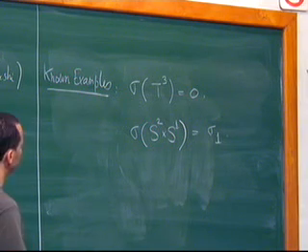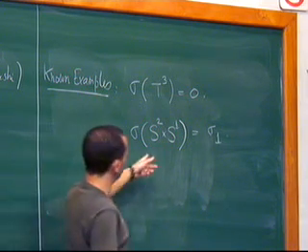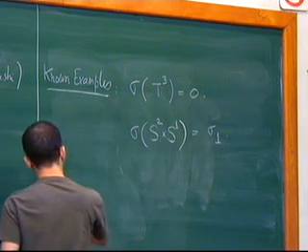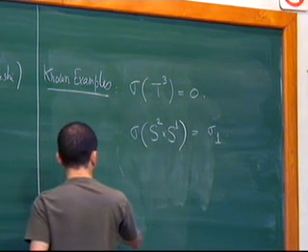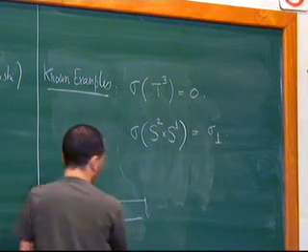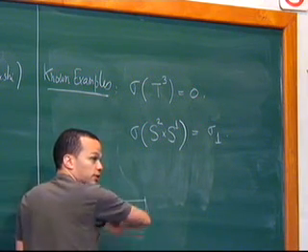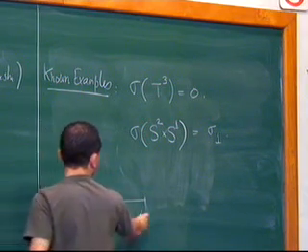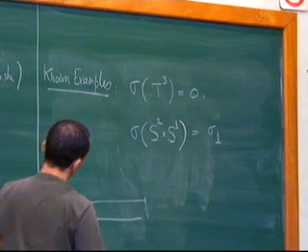But what you can do is think of S2 cross S1 as a very long cylinder. The conformal class will depend on how long the circle factor is, with these two ends identified.